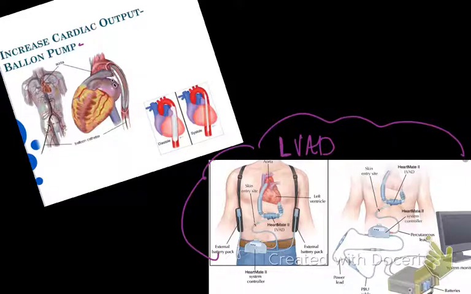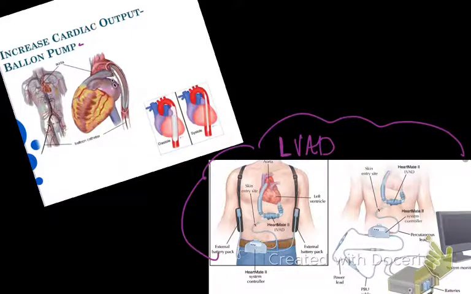It does this through counter pulsation, and it'll decrease your pulmonary artery pressure and systemic vascular resistance, of course. When we say systemic vascular resistance, we're talking about the blood that goes to the rest of the body, right? So if that's decreased and improved, then you're going to have improved cardiac output, and that is our goal. So that's just a little bit about the balloon pump.